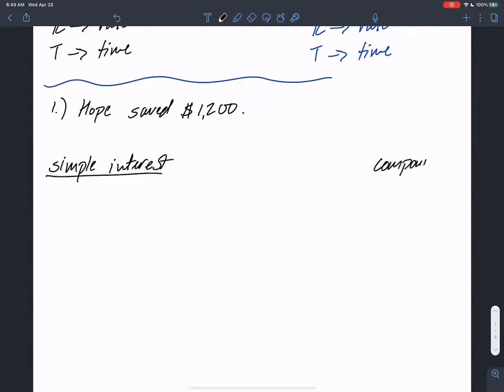And compound interest. Okay, there's two different accounts. And let's go ahead and get those numbers, right? So you're gonna decide for her or help her which account will be best to put her $1,200 in. Let's say for the first check we're gonna do is she's going to leave that money in there.